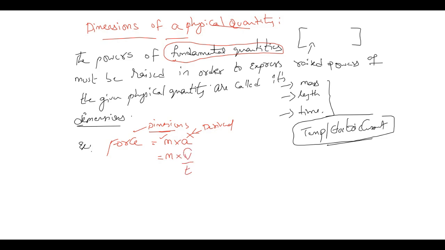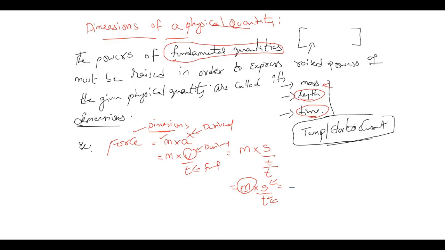Here velocity is again derived, but time is fundamental. So again you have to convert: velocity is nothing but displacement by time, again by time. That is equal to mass into displacement by time square. Here displacement is nothing but length, a fundamental quantity, mass is fundamental, time is fundamental. So here we are expressing the raised powers of the fundamental quantities of a given quantity.